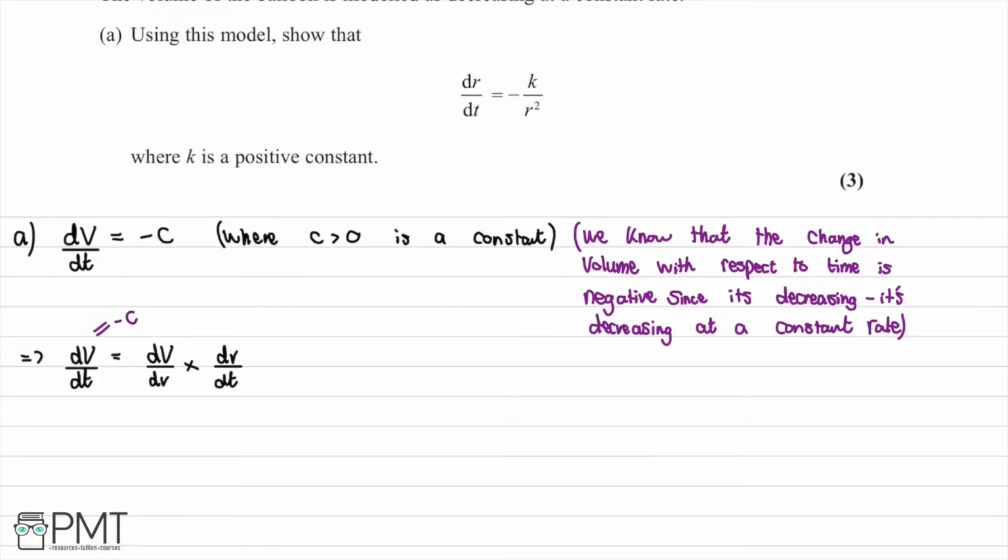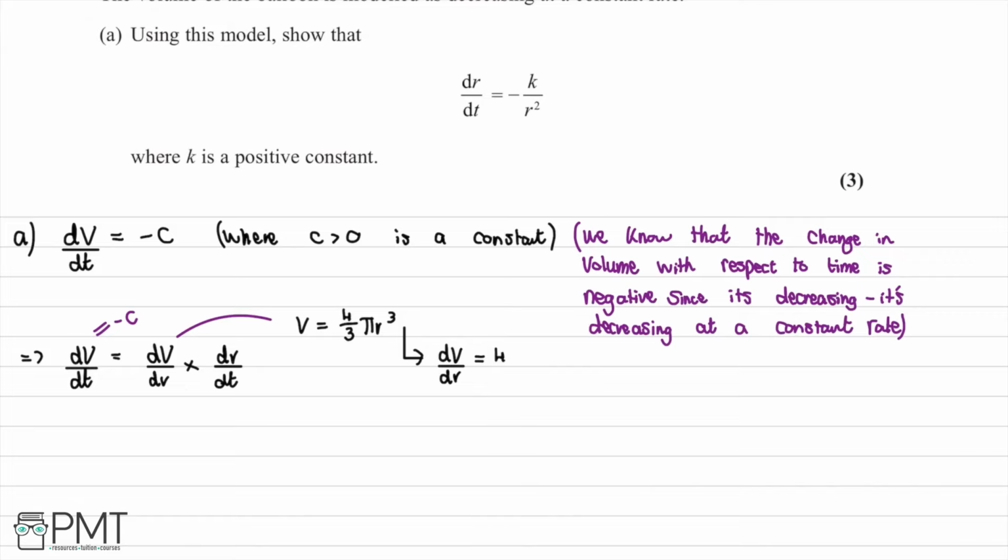We do not know what dr by dt is, but we know that we're dealing with a sphere, so the volume of a sphere is going to be 4 over 3 multiplied by pi r cubed. So we can differentiate this and we can say that dV by dr, so differentiating this with respect to r, is going to be equal to 4 over 3 multiplied by 3.